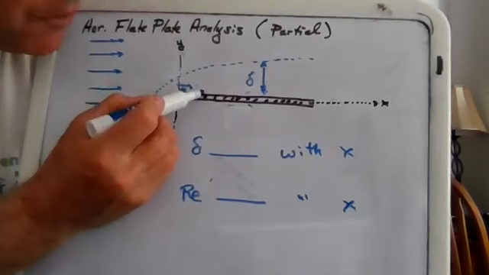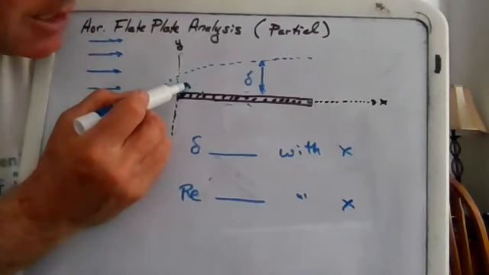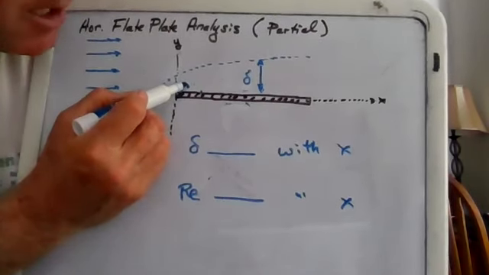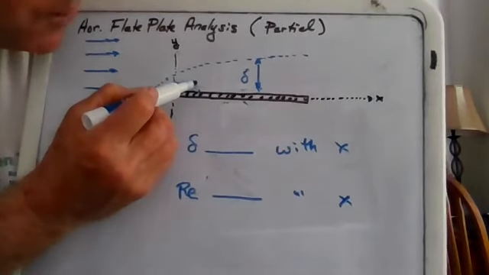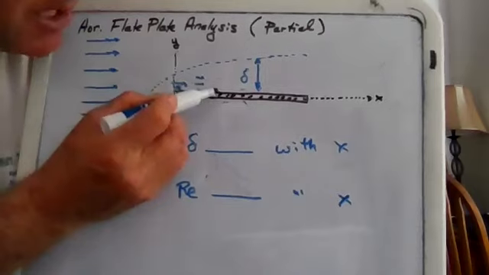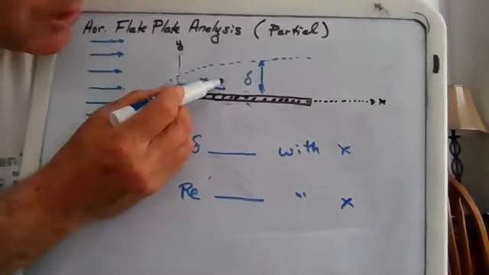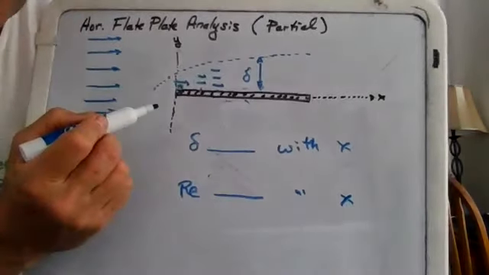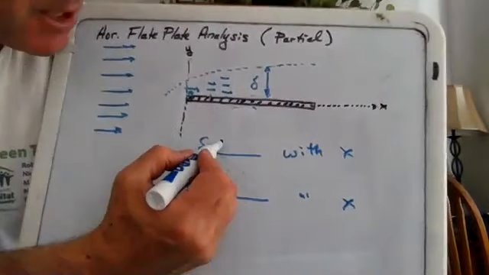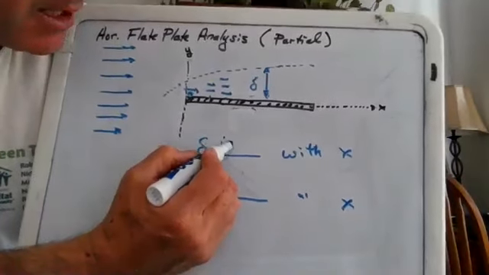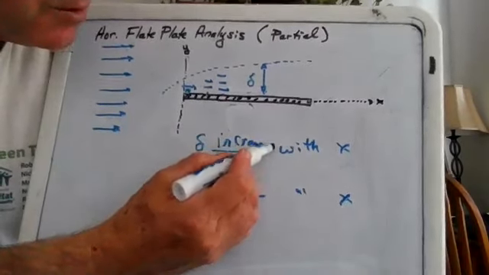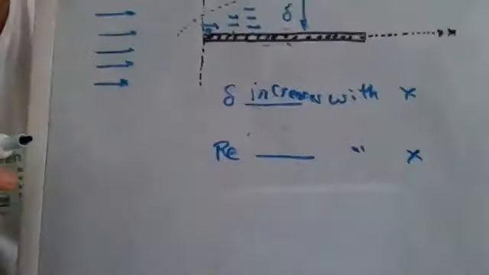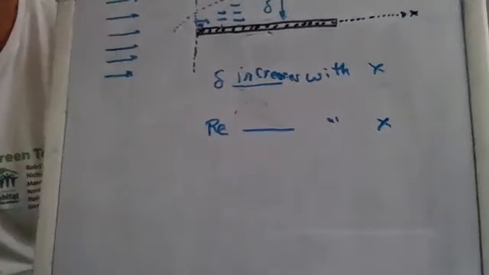Then as you go further down the plate, the fact that this bit of fluid is slowed down creates an effect on the fluid above it. So more fluid actually ends up getting slowed down. And as you get further down the plate, you get more and more fluid that's slowed down. And so as a consequence, excuse my writing, the boundary layer thickness increases with x.